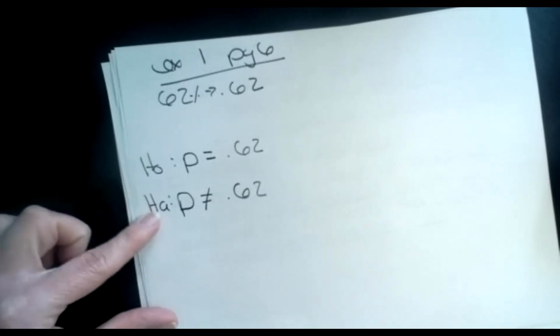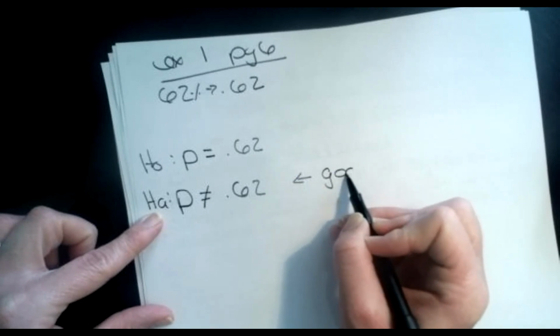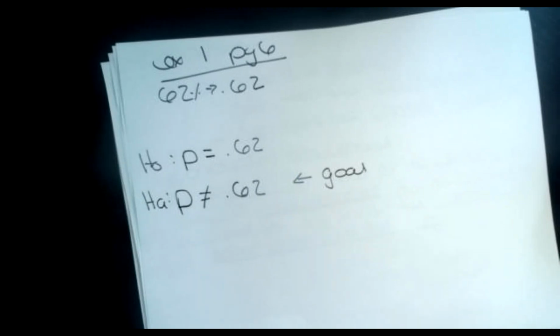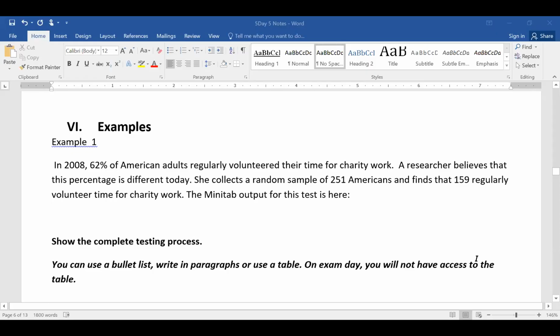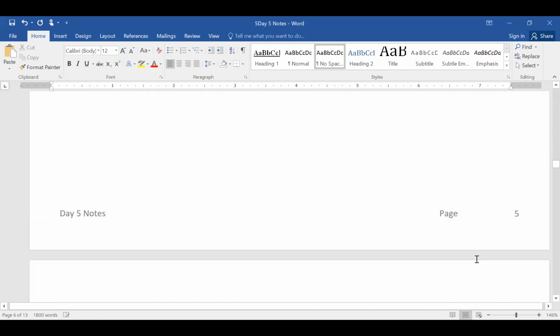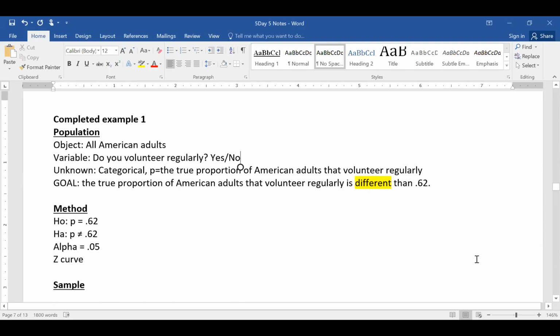Now, my goal comes from this. My goal is this statement, but in words, okay? So we have to go back up to the population step, and we can see how the unknown is written out. p is the population proportion of American adults who volunteer regularly.